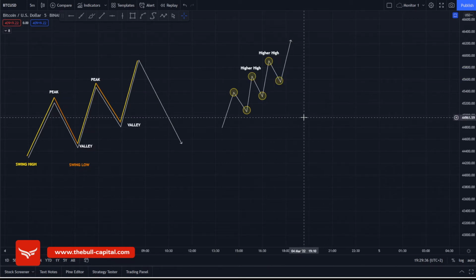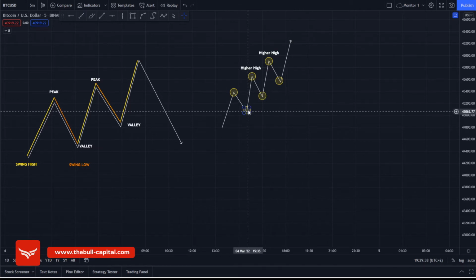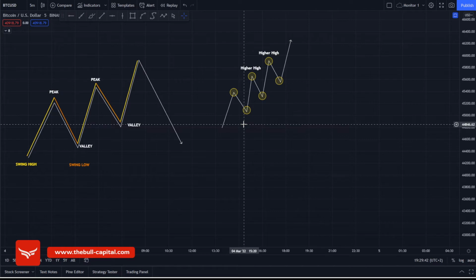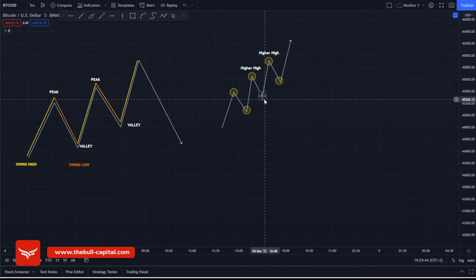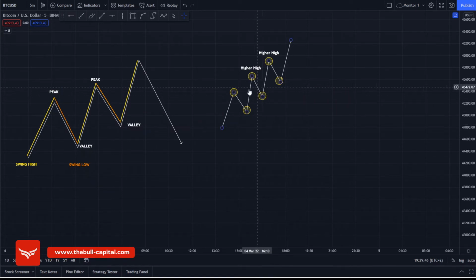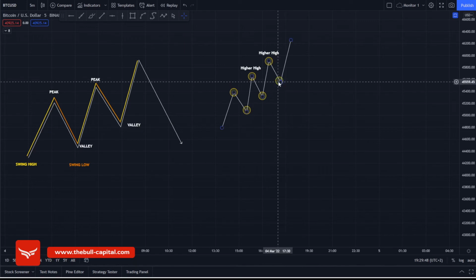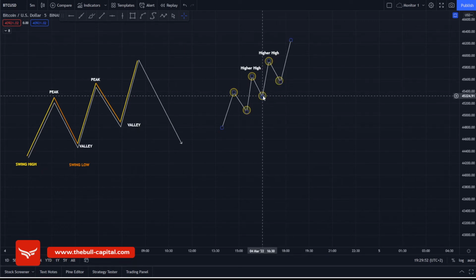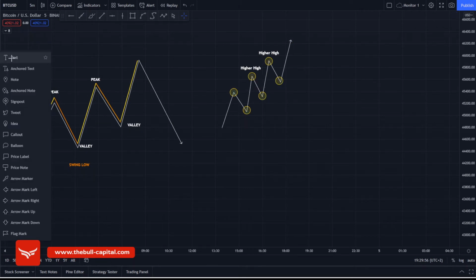So now the first valley is a starting point. The second valley is higher than the previous one, and the next valley is higher than the previous one. That's called a lower high.